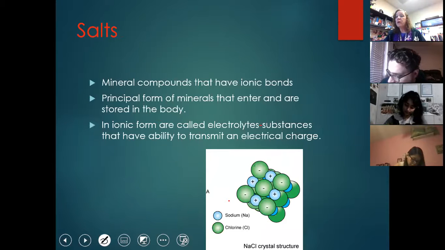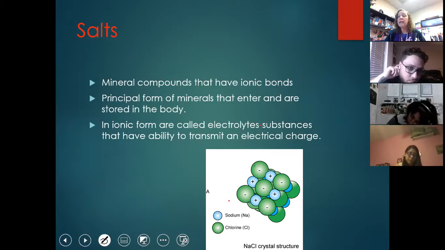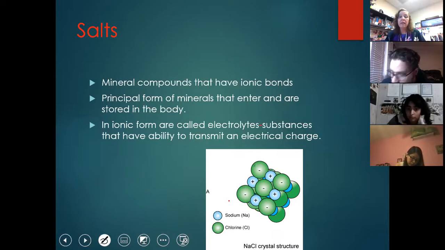So salts are predominantly going to have an ionic bond. And remember, ionic: gain, lost an electron, and then bonded by electrostatic attraction. The primary one that our body uses is going to be sodium chloride. And in fact, our body's ability to regulate the amount of water that we keep or lose has everything to do with sodium.